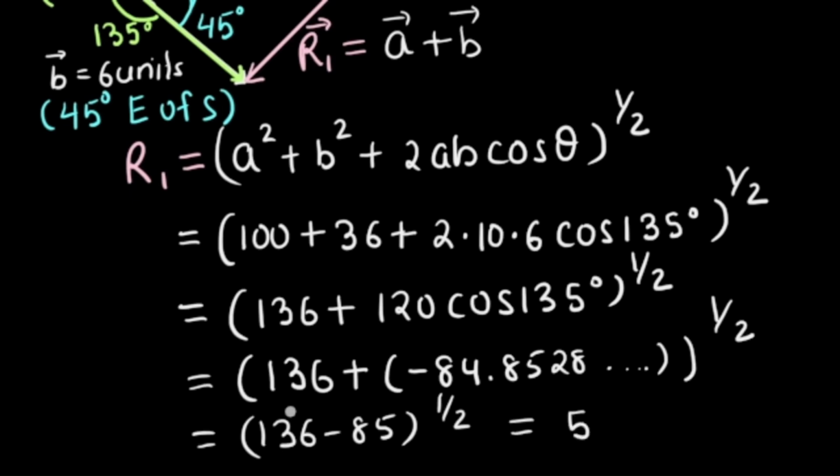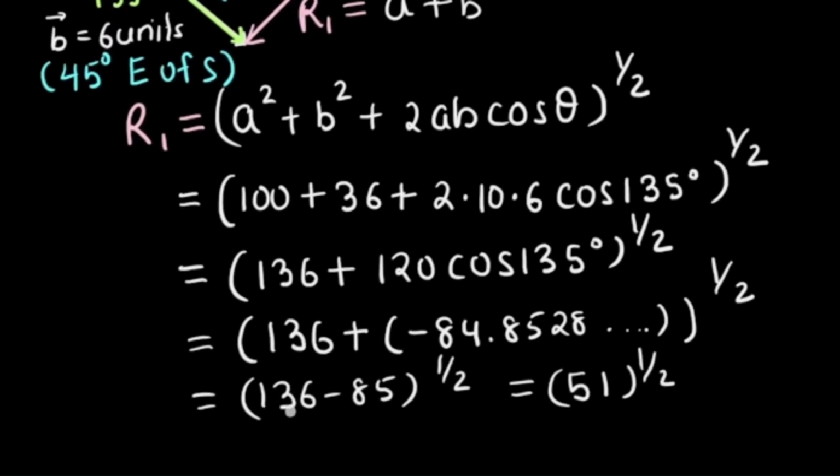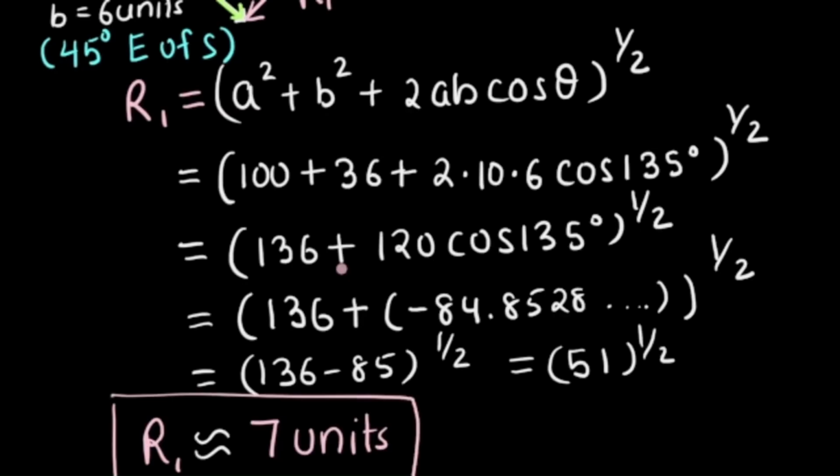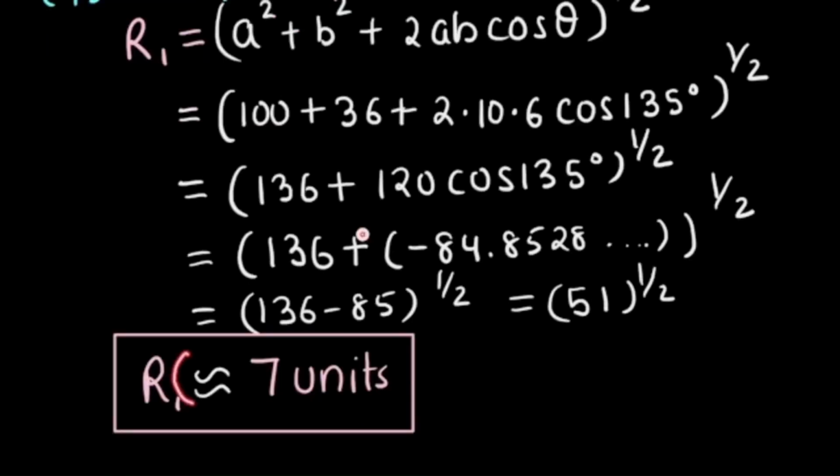This gives us the square root of 51. Okay, let's make some room here. The square root of 51 is equal to approximately 7 units. So here we go. R1's approximate value is 7 units. Hopefully you know that these two squiggly lines mean approximately.